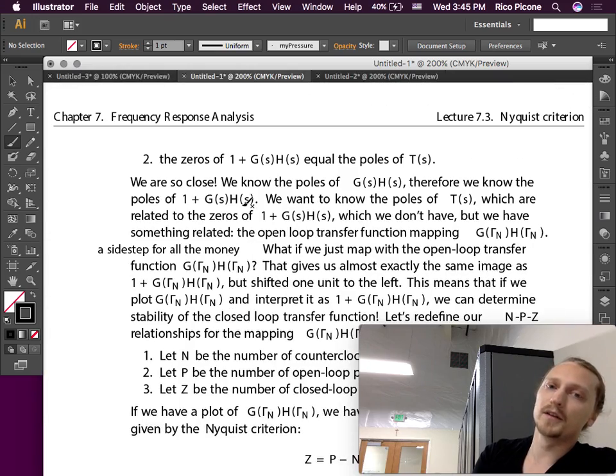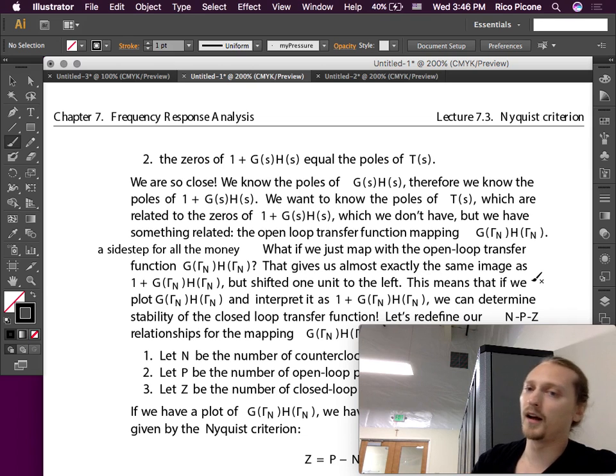So we're so close. We know the poles of GH, therefore we know the poles of 1 plus GH. We want to know the poles of T of S, which are related to the zeros of 1 plus GH, which we don't have, but we have something related. We have the open loop transfer function mapping GH of the Nyquist mapping, the right half plane.